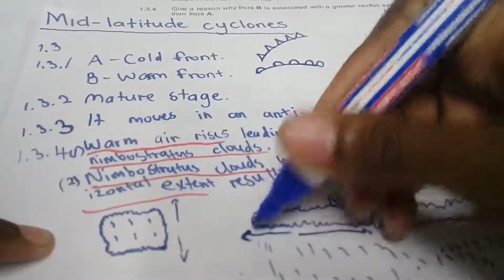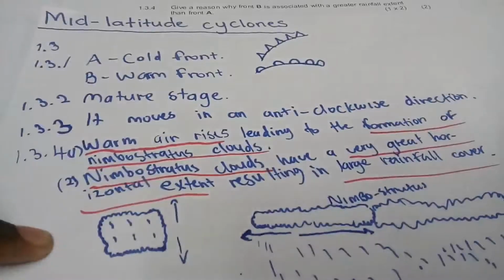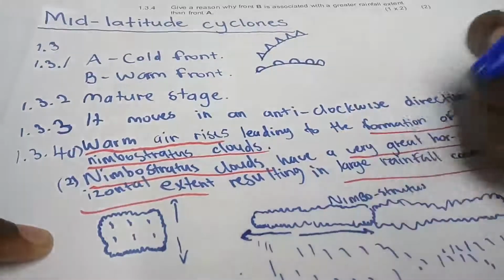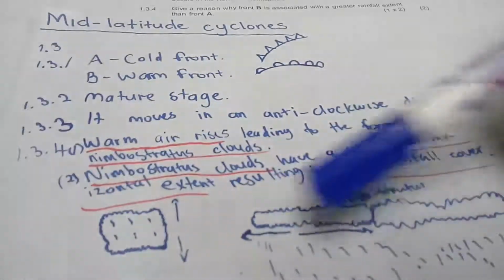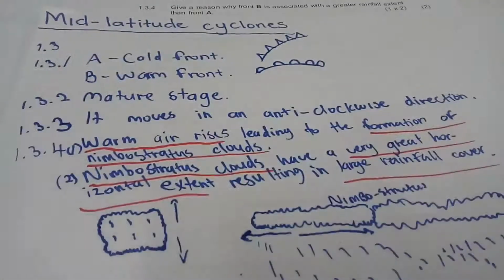You can see they're very, very long in terms of horizontal extent, which is going to result in rainfall on a large scale.